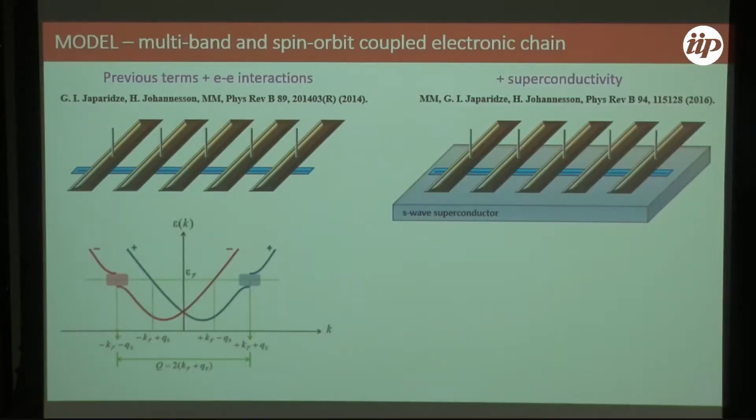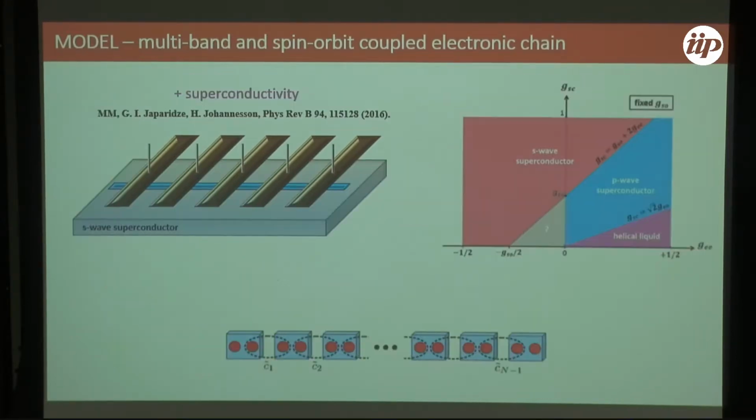We have also looked at the same kind of system, but now in the proximity of an s-wave superconductor. And we found that in this case, on top of the helical liquid phase, there will be a p-wave superconducting phase.